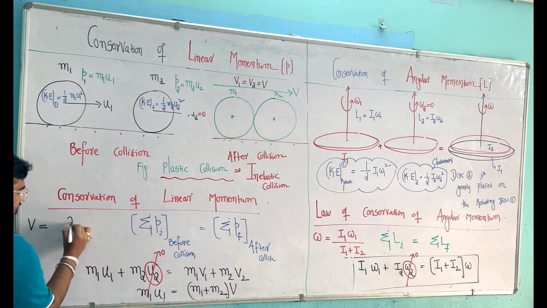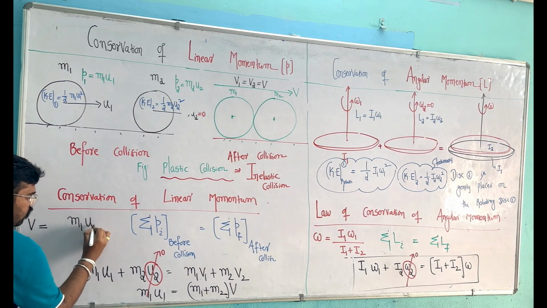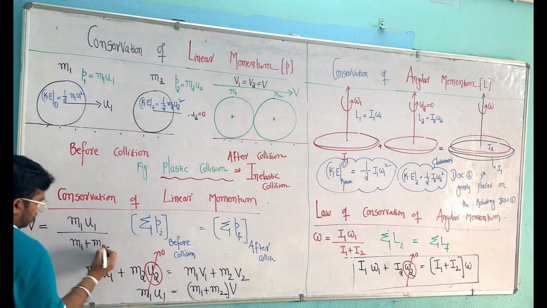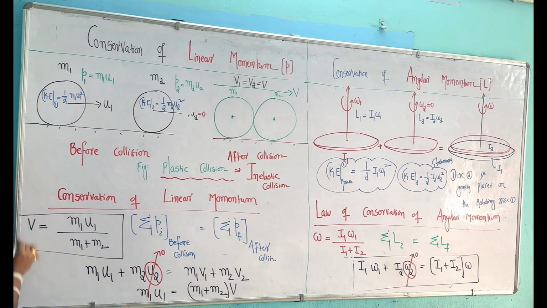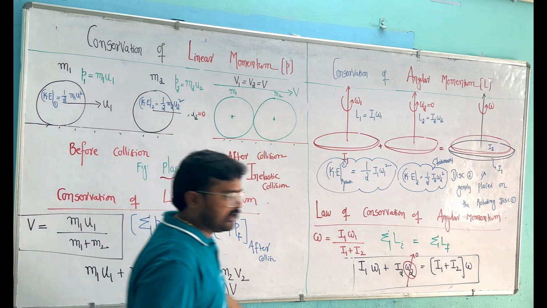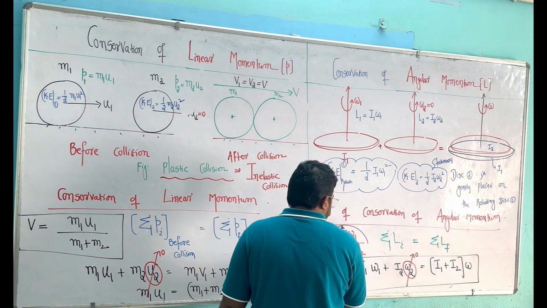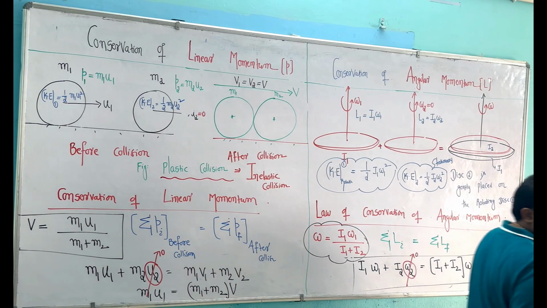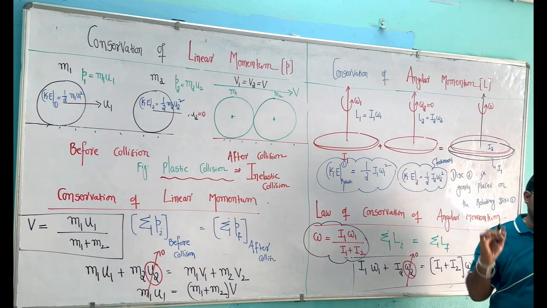V can be written as M1 U1 by M1 plus M2. This is the common velocity in plastic collision, common angular velocity.